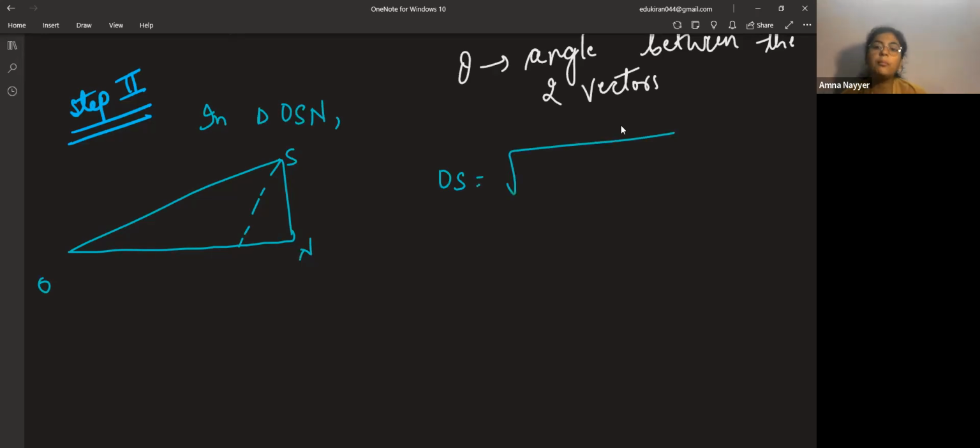OS would be, if you apply Pythagoras theorem, this is a right angle triangle. So this is your hypotenuse, this is your perpendicular, this is your base. So H square will be equal to P square plus B square. So this becomes ON square plus NS whole square.